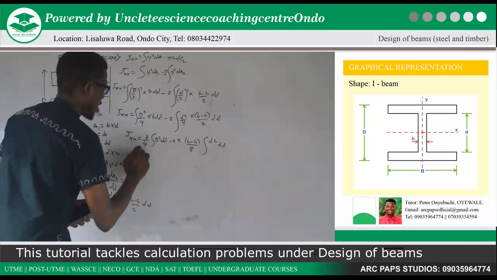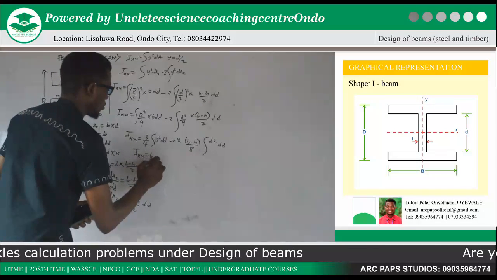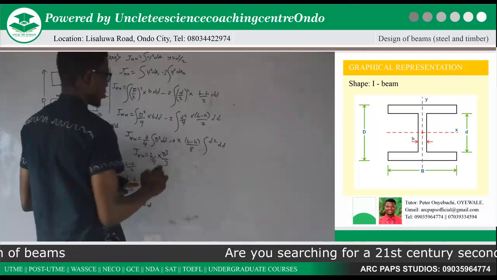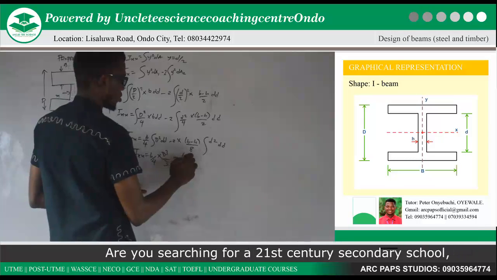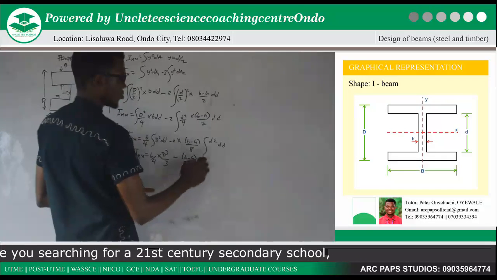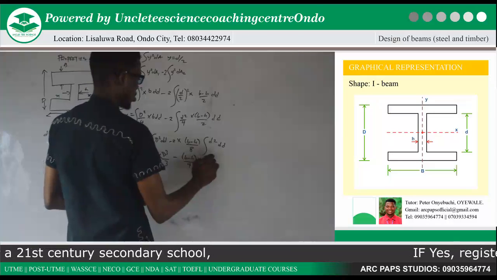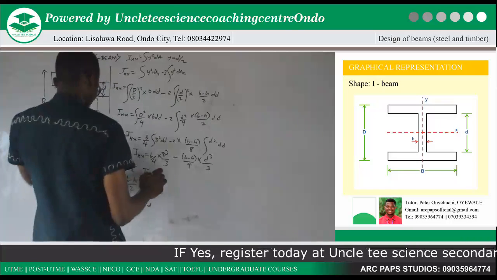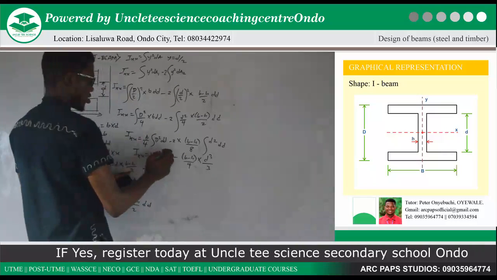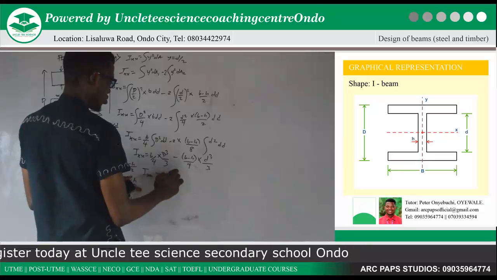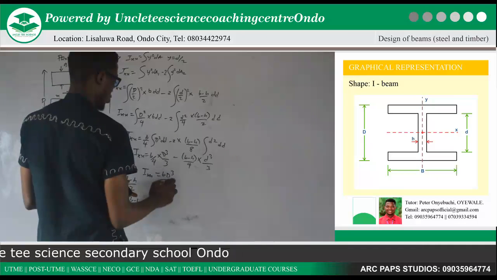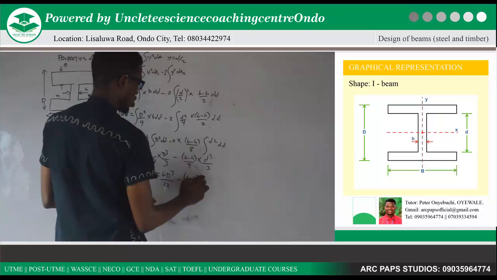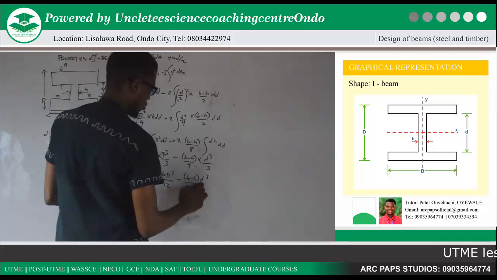Now our Ixx will then give us b over 4 times, if we integrate d raised to power 2, that is d raised to power 3 over 3 minus, b minus h over 4 times, if we integrate this square, you get d raised to power 3 over 3. Now our Ixx will then give us b d raised to power 3 divided by 4 times 3, which is 12, minus b minus h d raised to power 3 divided by 4 times 3, which is 12.